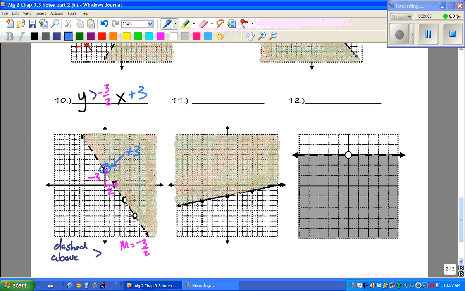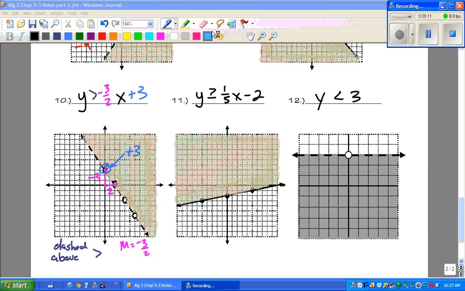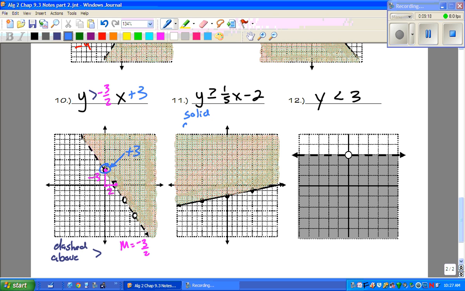Go ahead and pause the video and let's see how you do. Okay, and there are your answers. For number 11, this is a solid line and they shaded above, so that's why it's the greater than or equal to sign. Your slope from one point to another, you went up 1 over 5, so the slope is 1/5.